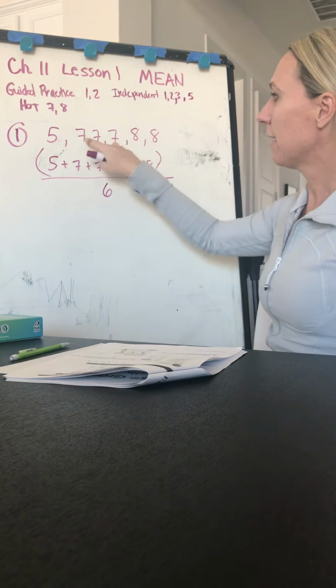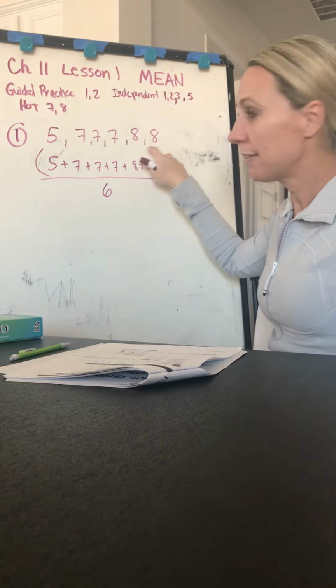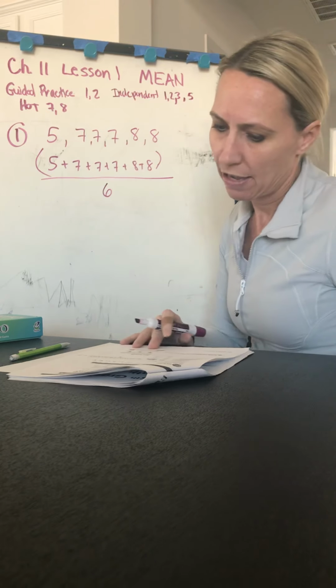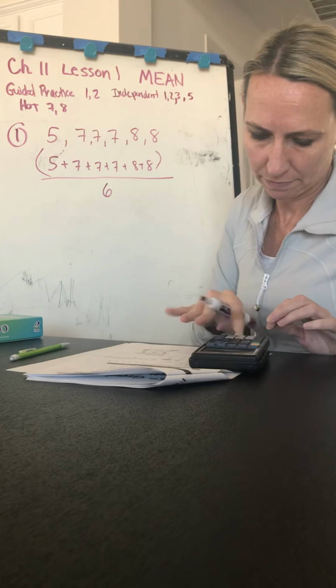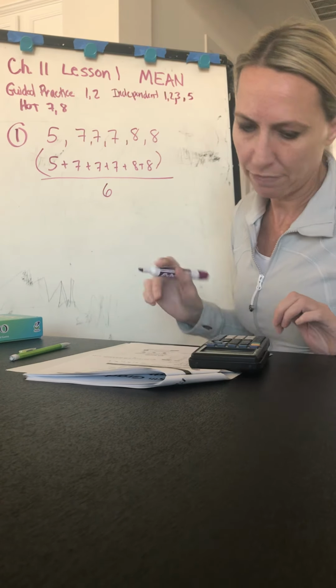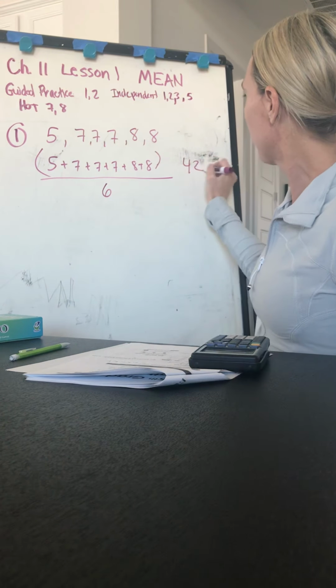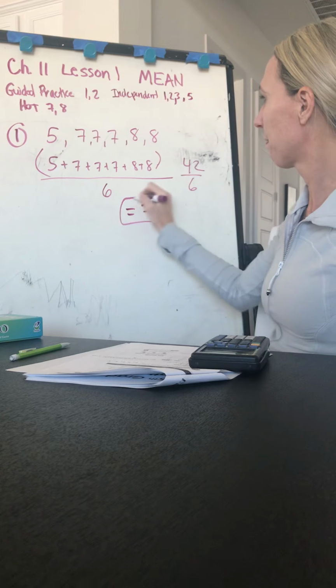And again here you can do 7 times 3, which is 21, plus 16, plus 5, and we get 42, and then 42 divided by 6 gives us 7.